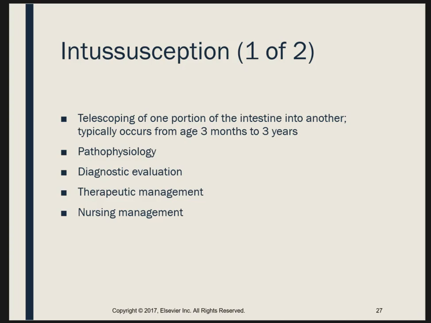Just like in pyloric stenosis, there was that very characteristic piece with the olive-like mass, the classic characteristic of intussusception is the currant jelly stools. But there are additional signs and symptoms to know about, because if you think about the patho that I just gave you, the currant jelly stool is going to be a late presentation because that ischemia is already happening.